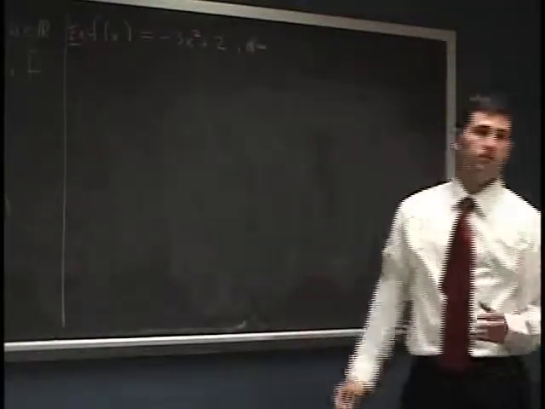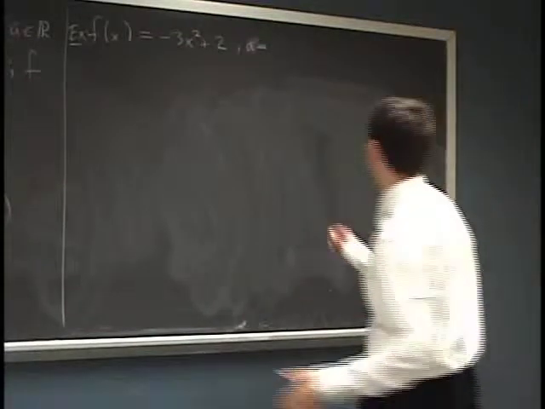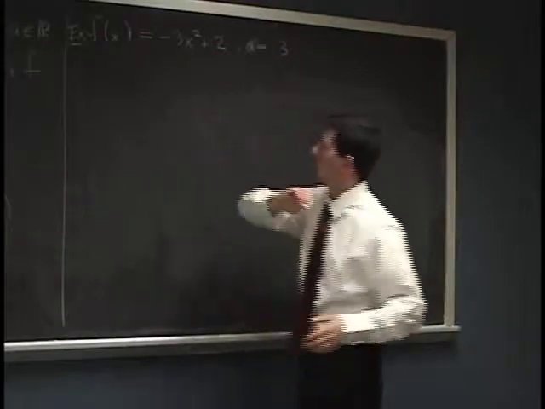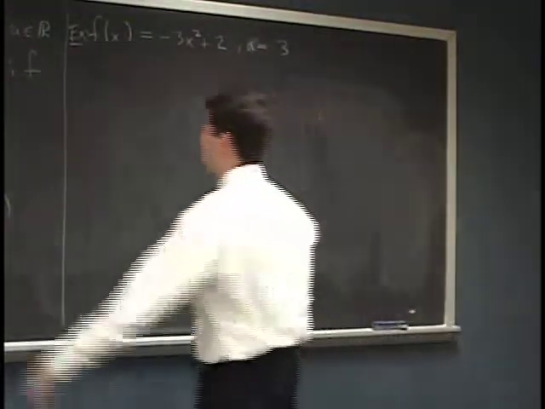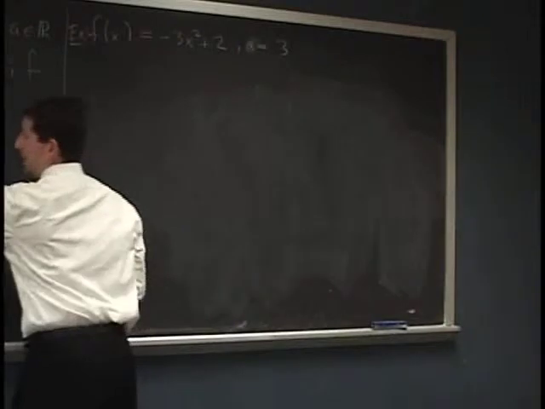Somebody pick a nice real number. Something not too horrible. What? 3. 3, okay. So we're going to see if this function has a derivative at x equals 3 and figure out if it does have a derivative, what it is. So we have to look at this limit.